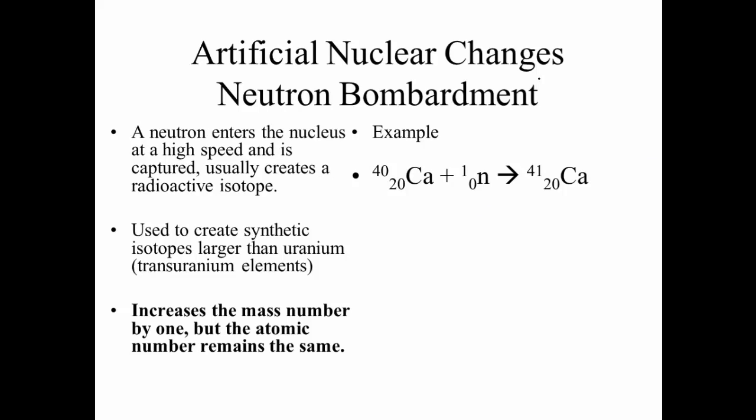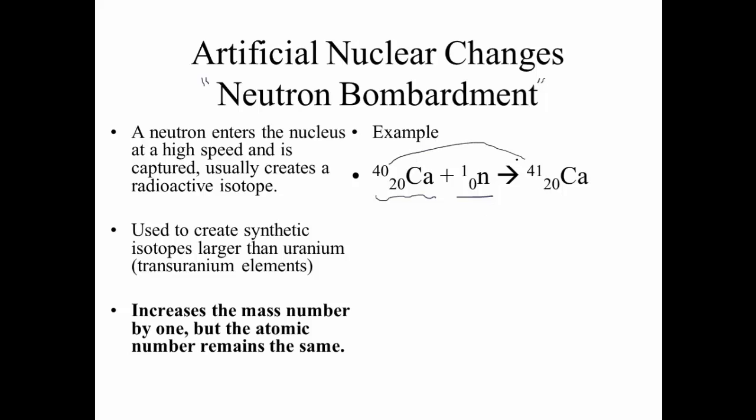Those are natural changes. We can also have artificial nuclear changes. One type is called neutron bombardment, which again is exactly what it sounds like. You can bombard a neutron into an atom and sometimes it will stick. Sometimes it'll stay in there. So if we take calcium-40 and shoot a neutron at it at a very high speed, it can gain that neutron.